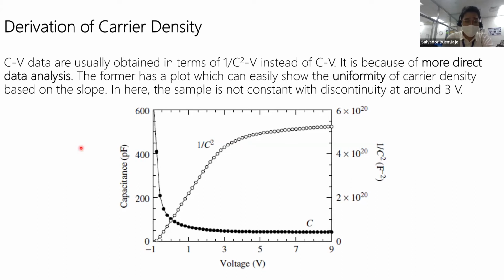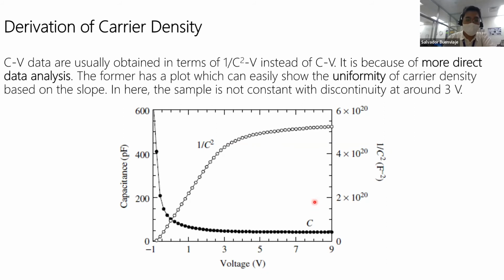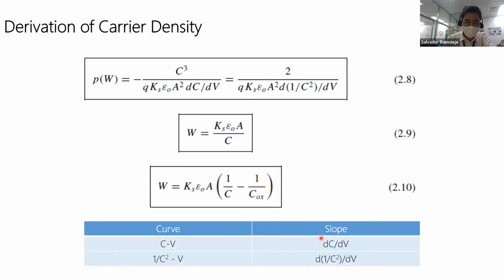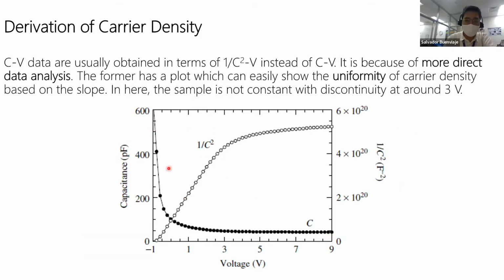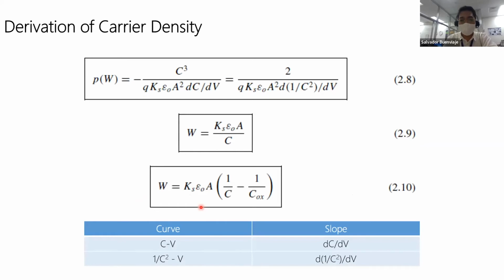Unlike for C, that is usually expressed as an exponential function. Also, the slope here, as I mentioned a while ago, is more complex to obtain than for 1 over C squared. So this is the carrier density profile calculated from these equations.